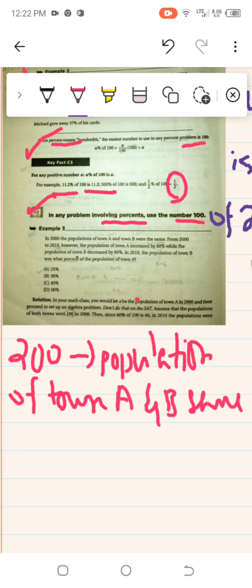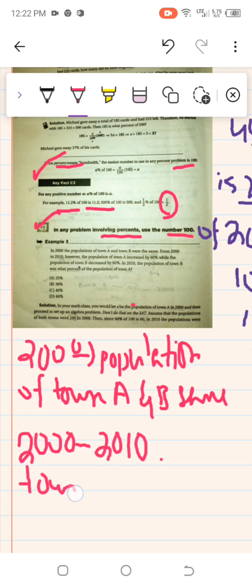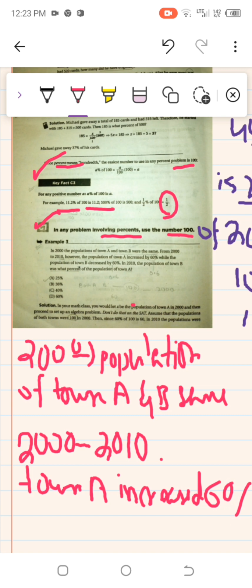From 2000 to 2010, the population of town A increased by 60%, while the population of town B decreased by 60%.